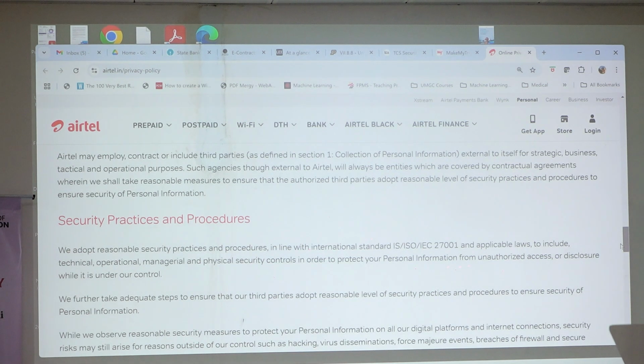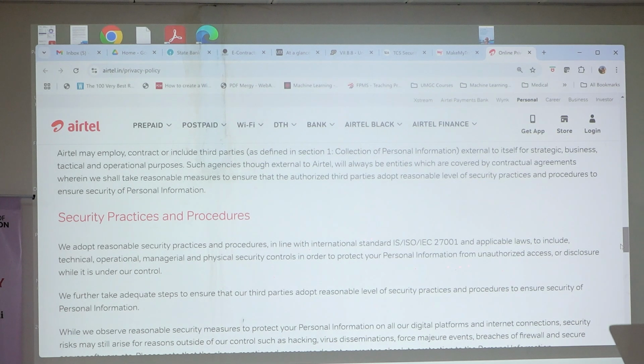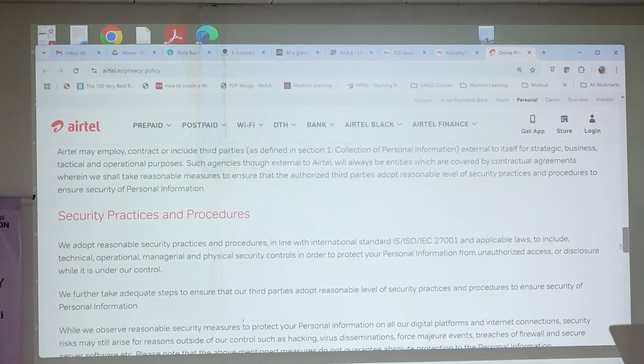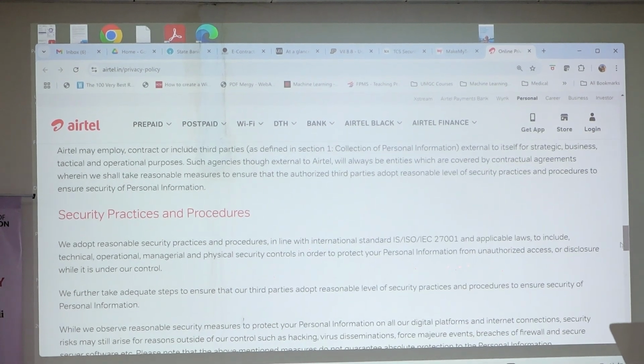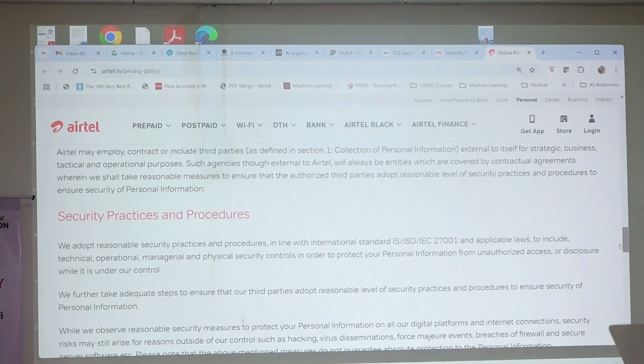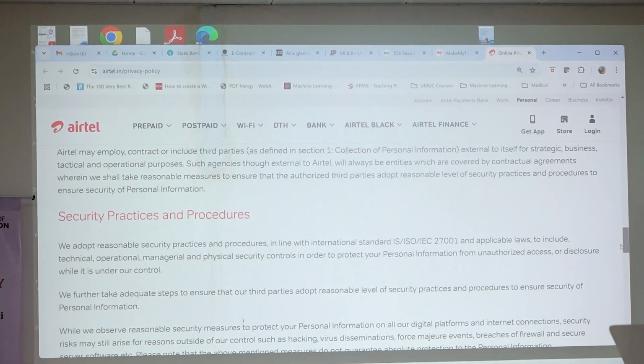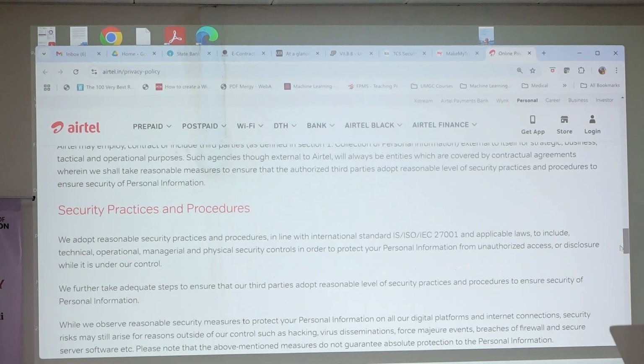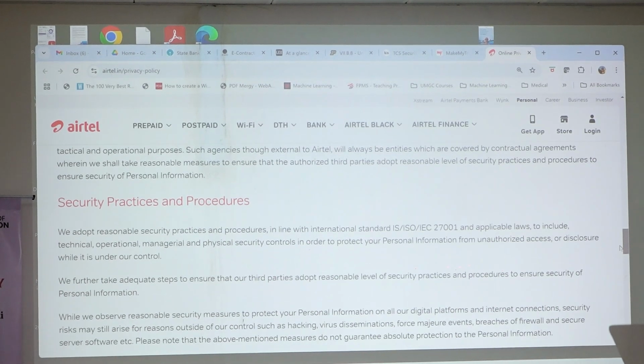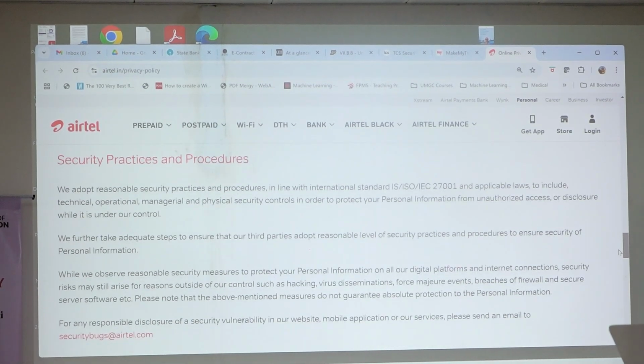They themselves will follow ISO/IEC 27000 security procedures to protect information. Also, there will be enough physical security in the data center where your data is stored.